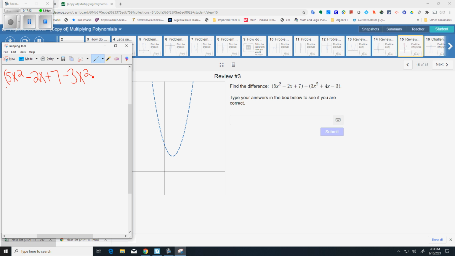Positive 4x would be minus 4x. And then negative 3 would turn into plus 3 after we distribute. So then 5x squared minus 3x squared, we get 2x squared. Negative 2x minus 4x, we get negative 6x, and then 7 plus 3, we would get 10.